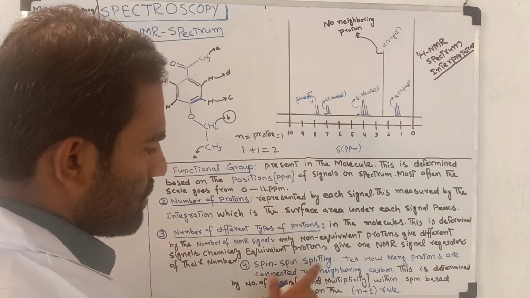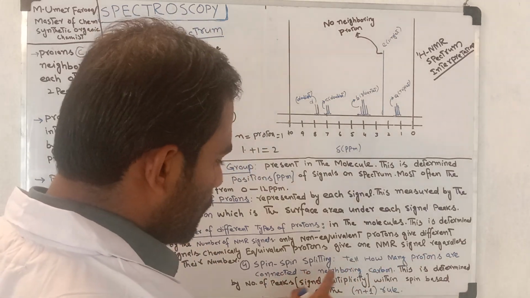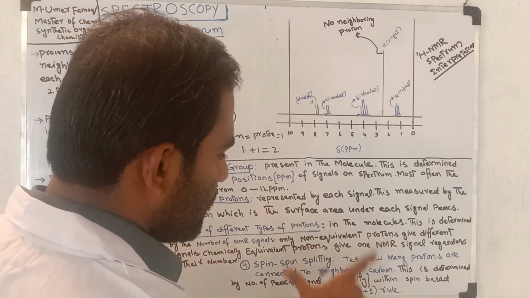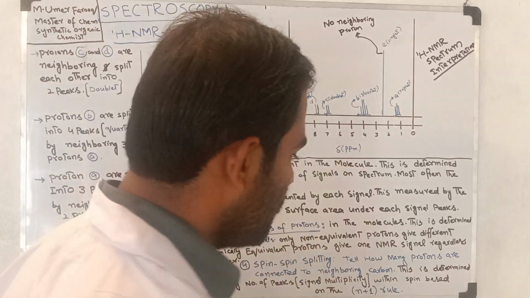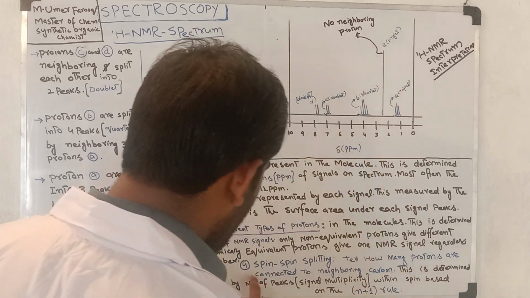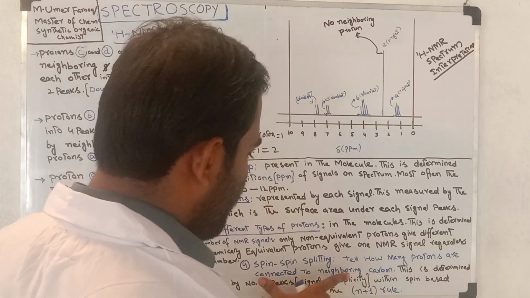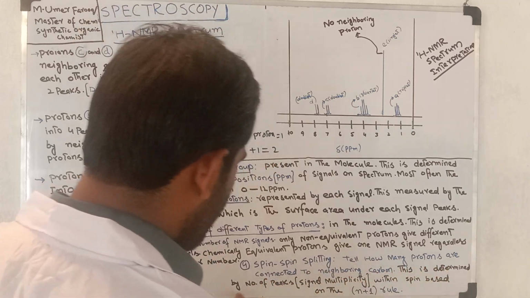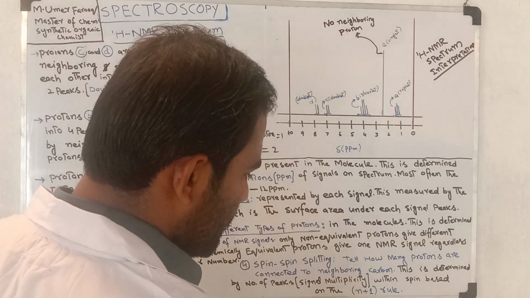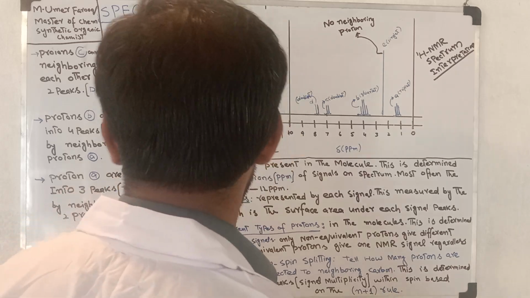The last point, spin splitting, tells how many protons are connected to the neighboring carbon. This is determined by the number of peaks, the signal multiplicity, based on the n+1 rule.